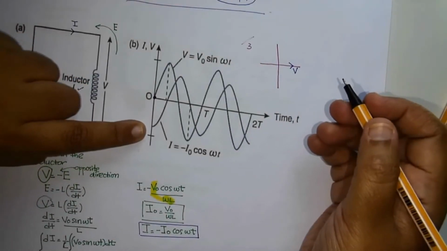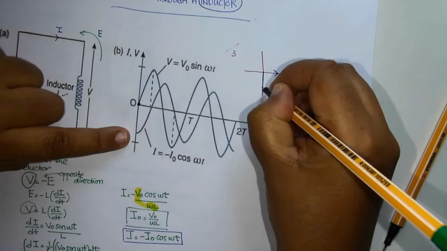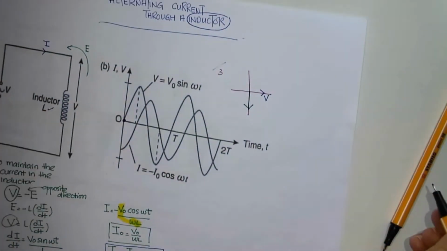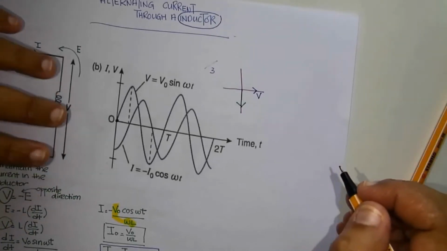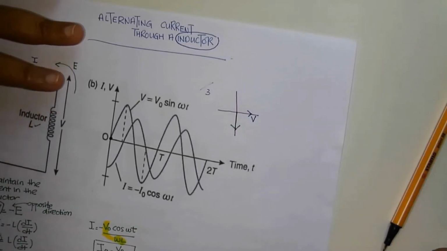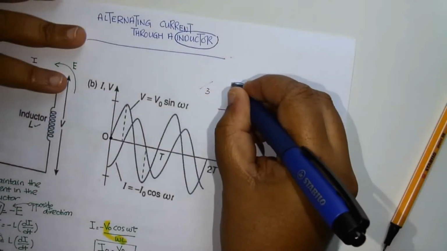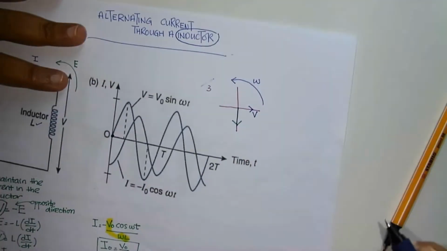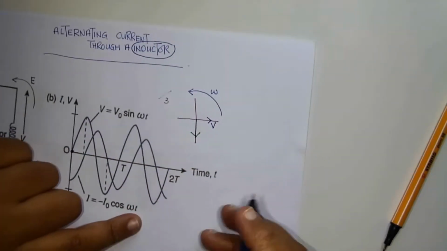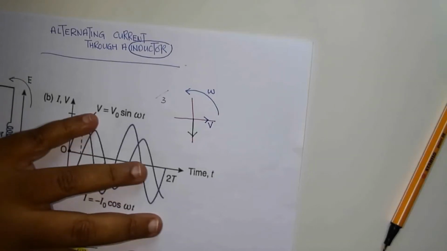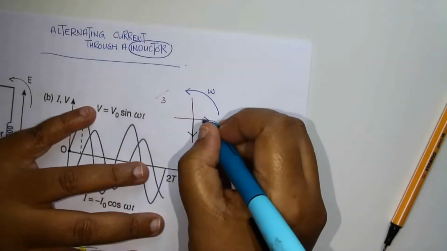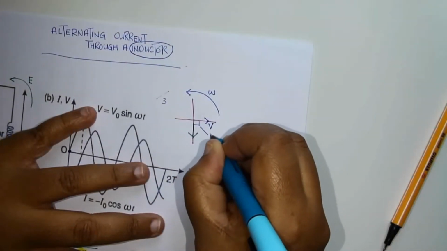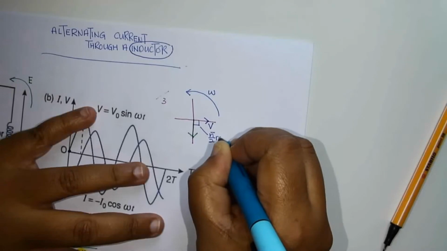The phasor will be in this direction, which I've already taught you in the class under alternating current through a resistor. So this is anti-clockwise, where omega is in this direction. So when omega is in this direction, the phase difference between V and I is pi over 2 radian.